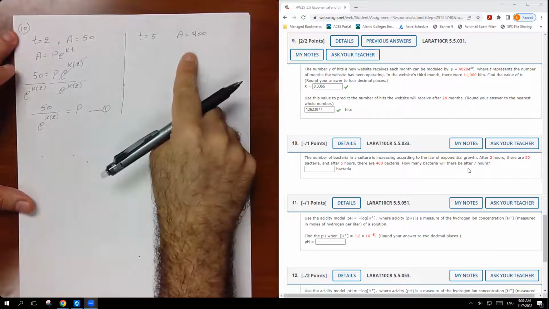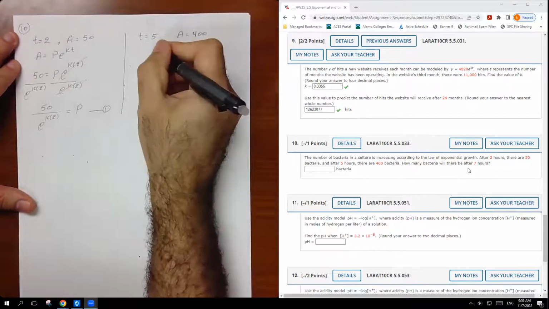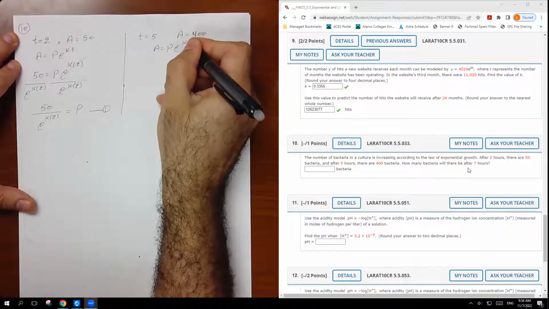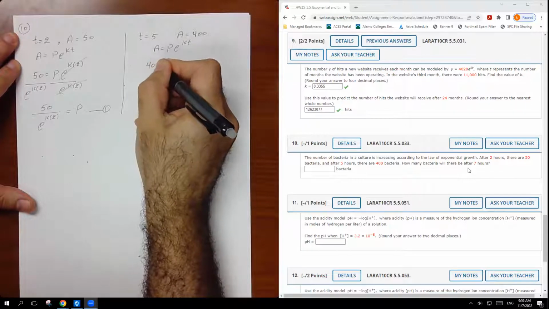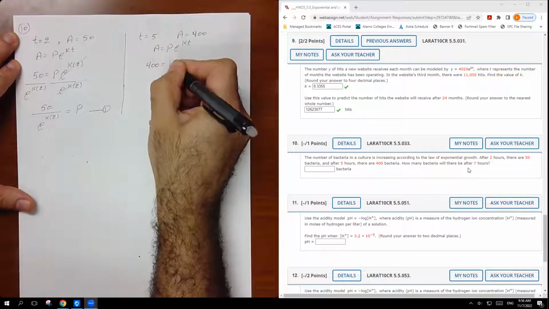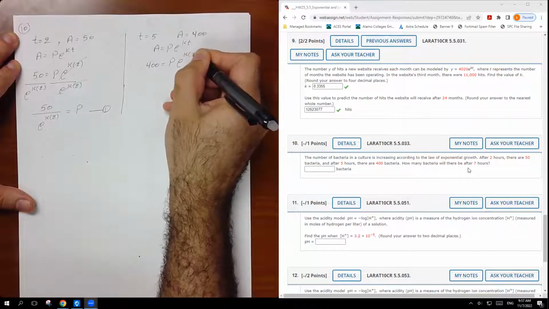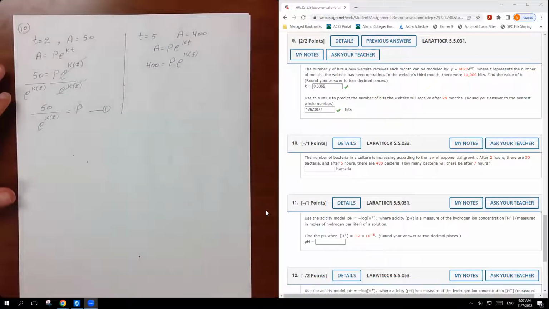Let's check the second part. We're going to do the same thing here. A equals P e^(kt). We have now the future is 400 bacteria equals P e^(kt). We don't have k, but we have the time equal to 5. So now we're going to do the same thing.